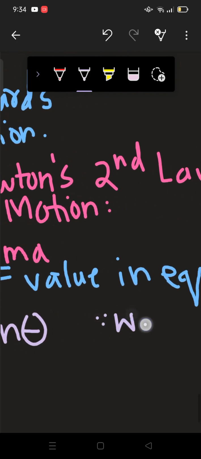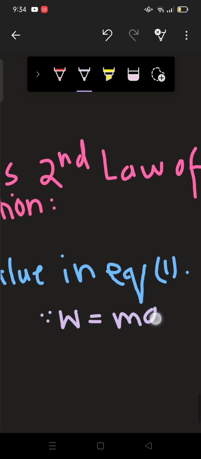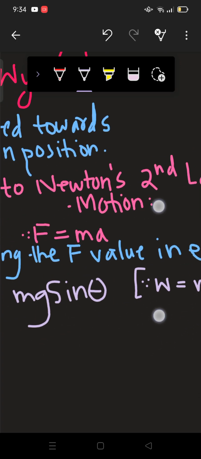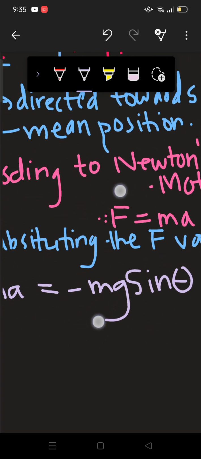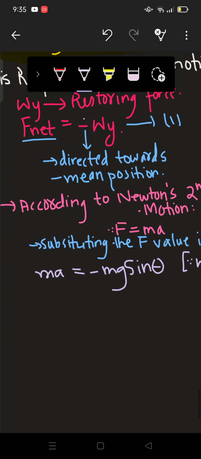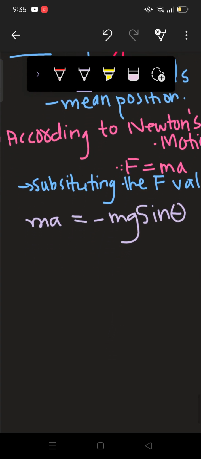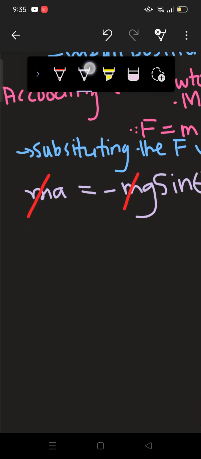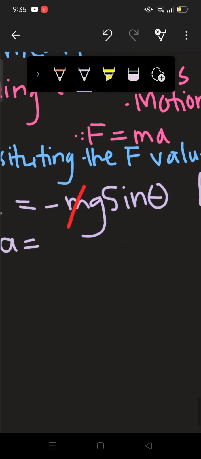With it the minus sign, since we already have a minus sign. Now see what we can cancel here. M cancels with this M. So what we have remaining now, a is equal to minus g sine theta.